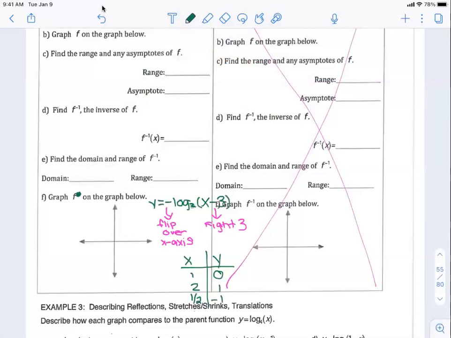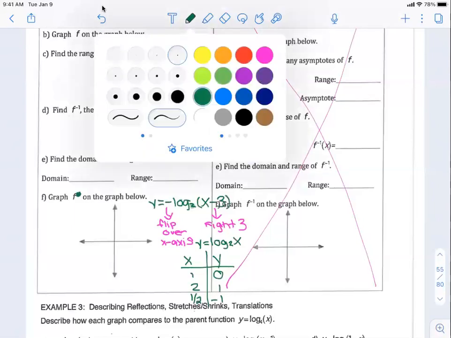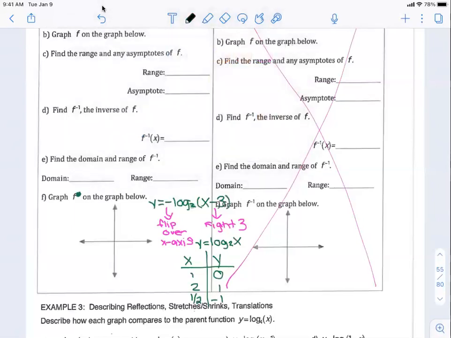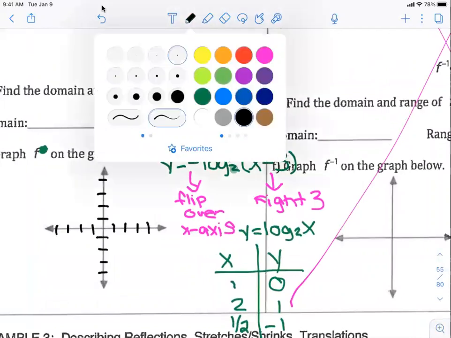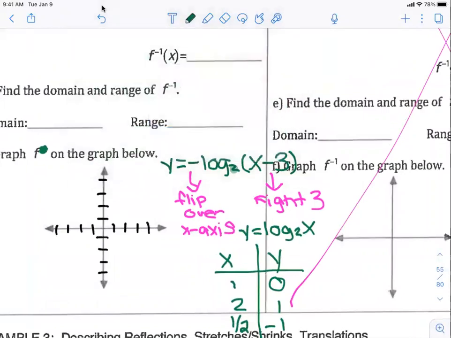That is our original core graph for this problem, because our core graph is just y equals log base 2 of x. I'm going to graph my original core function: 1, 0; 2, 1; and 1/2, negative 1.